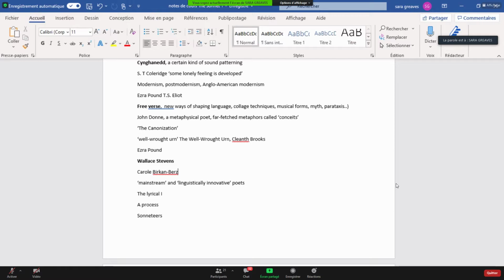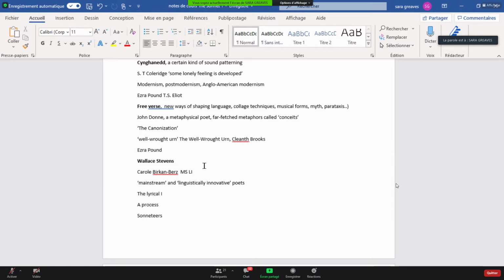And she distinguishes, as you can see from that title, between mainstream and linguistically innovative poets. She calls them MS and LI poets, mainstream and linguistically innovative. And she makes the point that there's this problem with sequence, with succession of ideas that I was referring to.